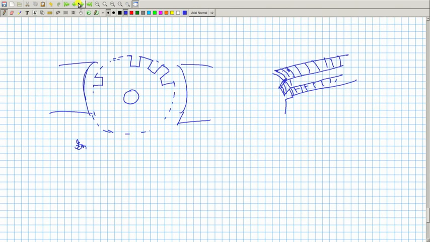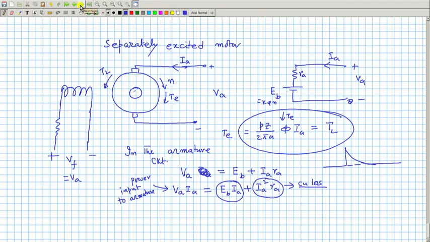So, I say P gross mechanical power is equal to Eb into Ia.